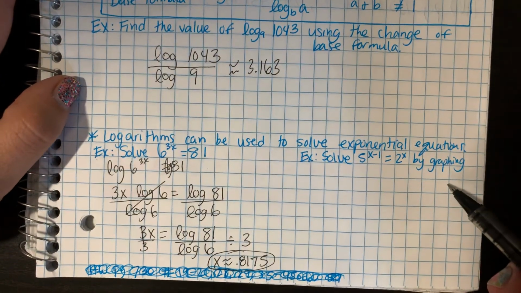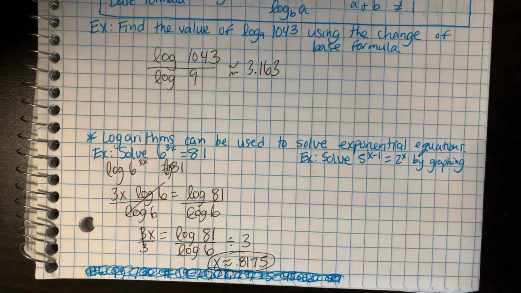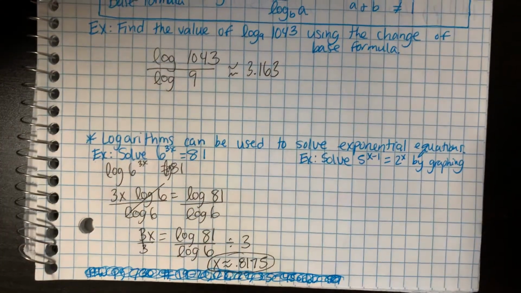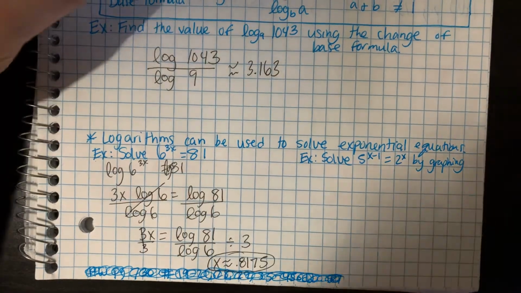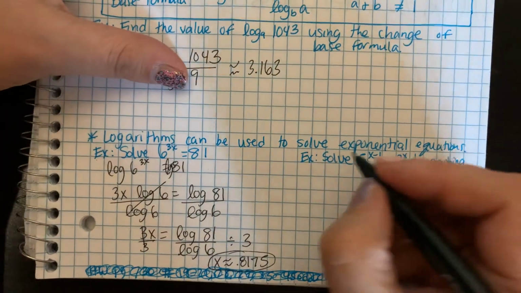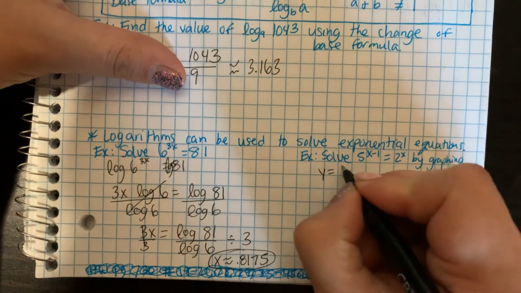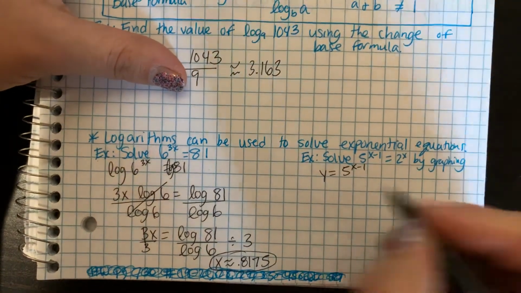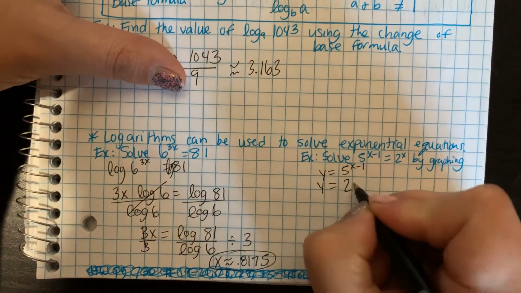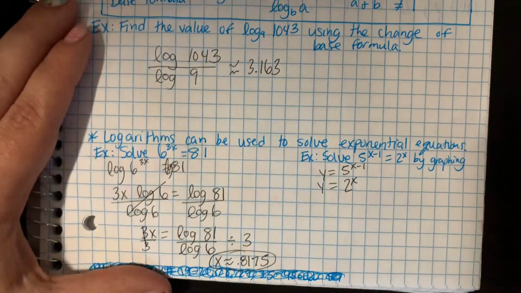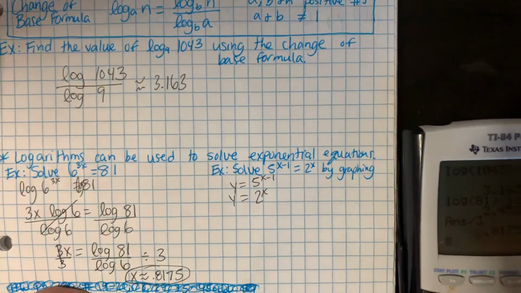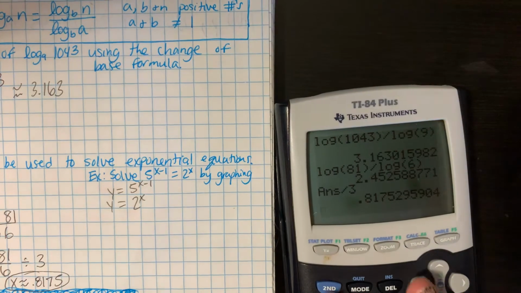Okay, this one says to solve by graphing. When it asks you to solve by graphing, we're going to use two equations to plug into our calculator. So we're going to use y equals 5x to the negative 1, y equals 2x. I'm going to scoot this over so you can see my calculator.